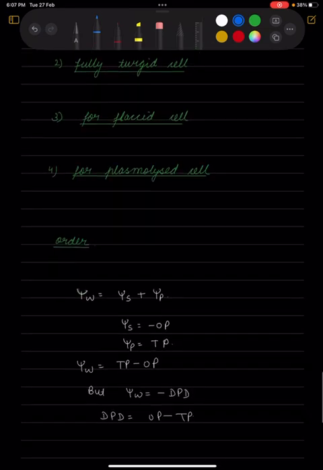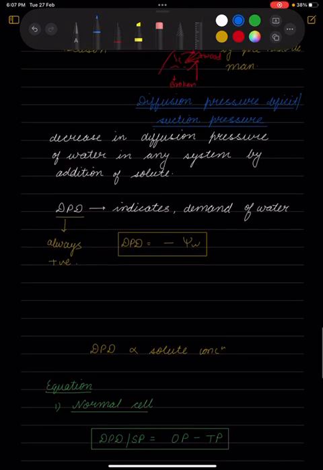One more thing I will discuss is the diffusion pressure deficit. It is a very important topic. So what is diffusion pressure deficit? Basically DPD, diffusion pressure deficit, or the suction pressure, indicates the demand of water. The definition is the decrease in the diffusion pressure of water in any system by addition of solute.